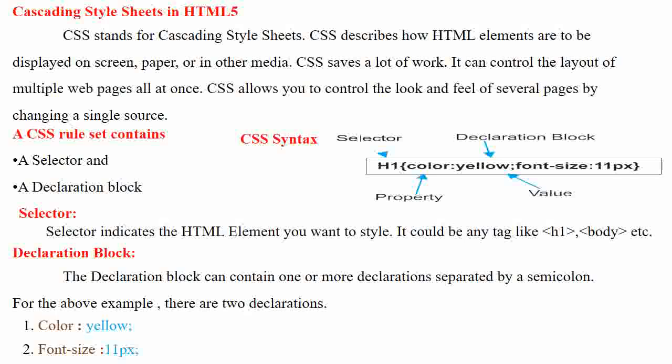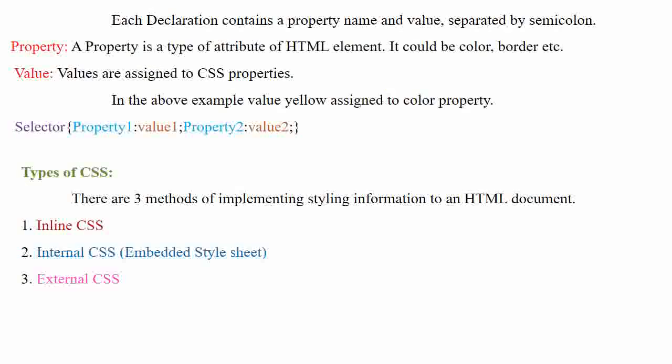For the above example, there are two declarations: color with value yellow, and font size with value 11 pixel. Each declaration contains a property name and value separated by a colon. A property is a type of attribute of an HTML element.